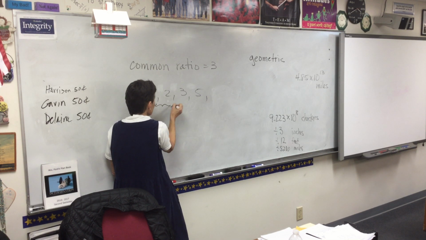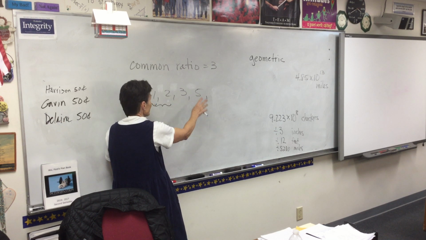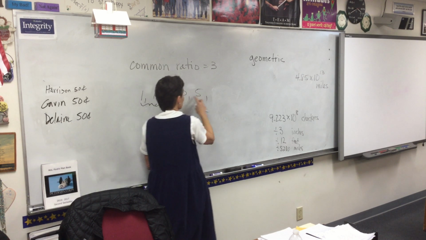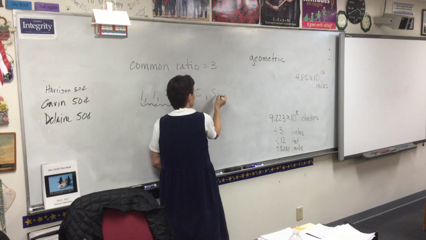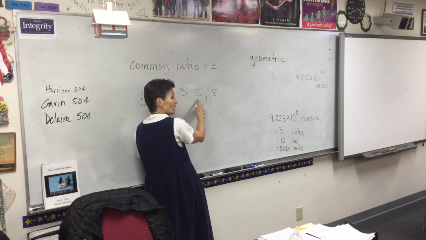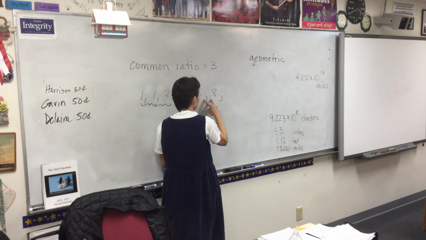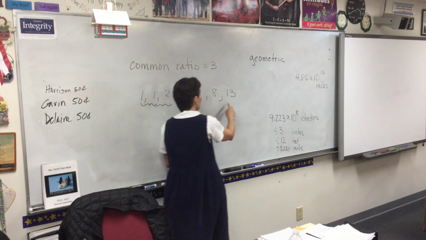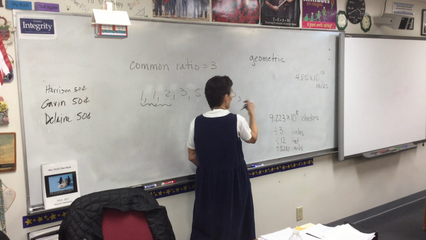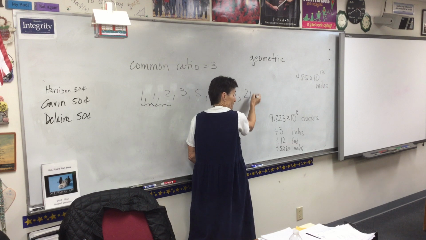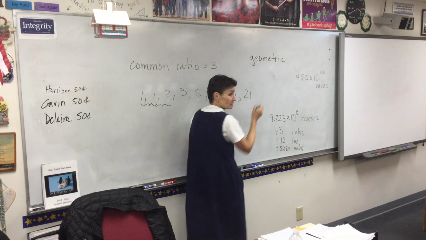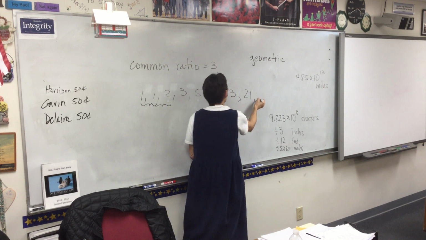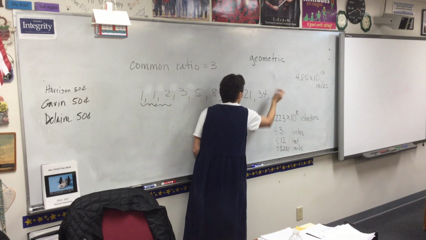And then you add these two to get the next one, and so on. So to get the term after this, Mikey, you were right, it's 8, because it's 3 plus 5. But then the next one would be 13, because you have to add 5 and 8. And then the next one, if we had to keep going, would be 21. And 34, and so on.